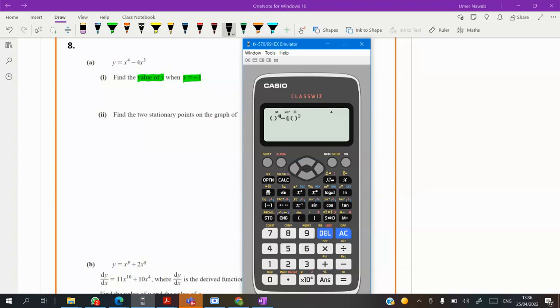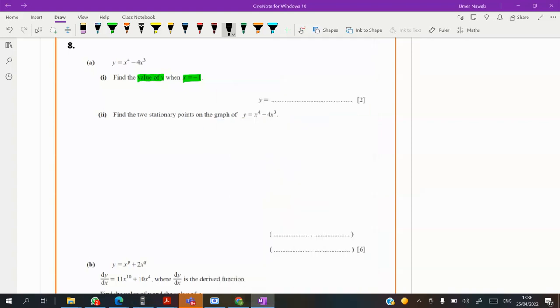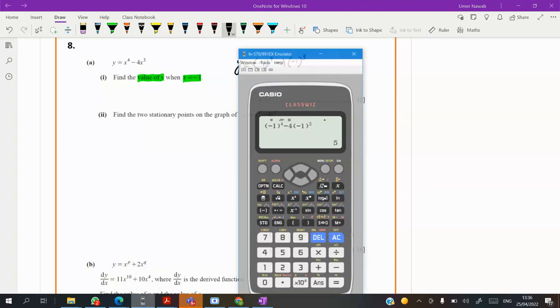So in the brackets, I'm going to write minus 1. This gives us 5. So we show it to the examiner. We are substituting, and we got the answer 5.